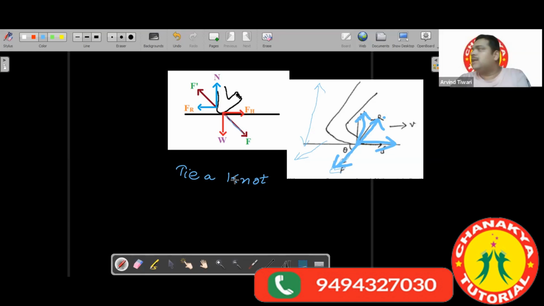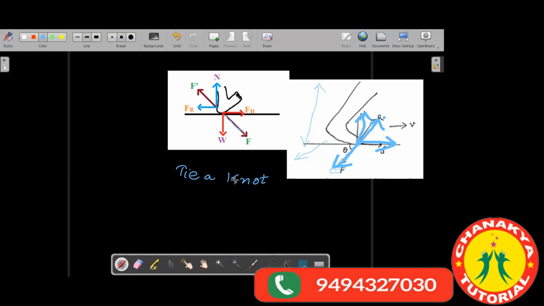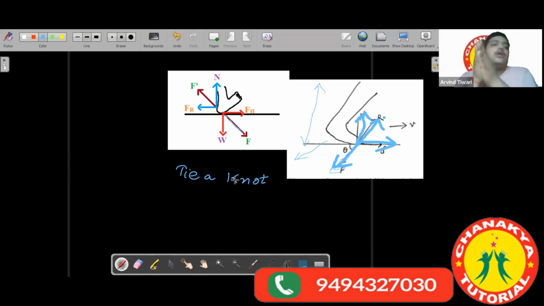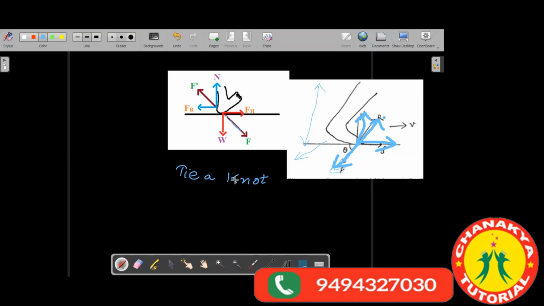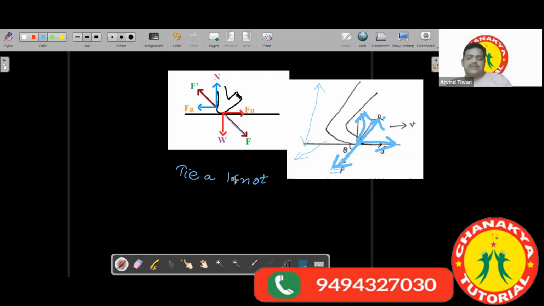Then we discussed that if you try to push a heavy object and a light object, the heavy object will need a greater force and the light object will be pushed with a smaller force. Lighter object, smaller force; heavier object, greater force, because a heavier object will have a heavy weight and hence a greater force of friction.